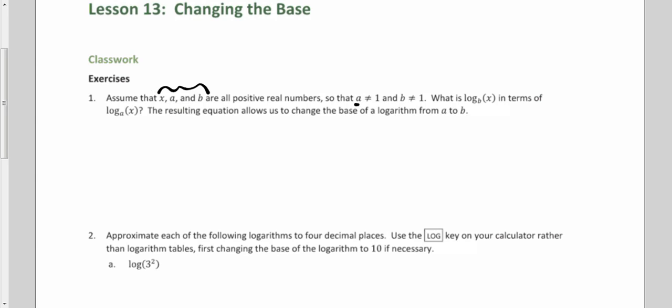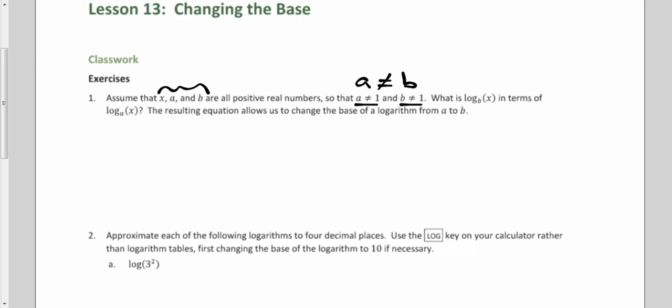A can't equal 1, B can't equal 1, and I want one more thing that they don't put here: A can't equal B. These are things that I don't want to have happen. I don't want A to equal B, I don't want either one of them to equal 1, and I want them to all be positive real numbers.